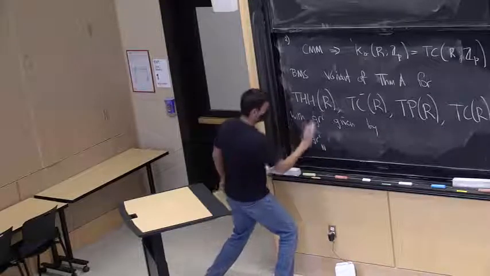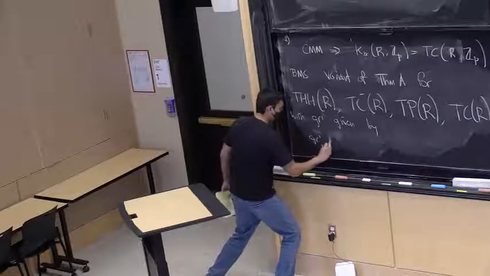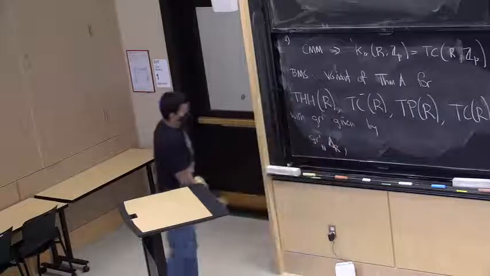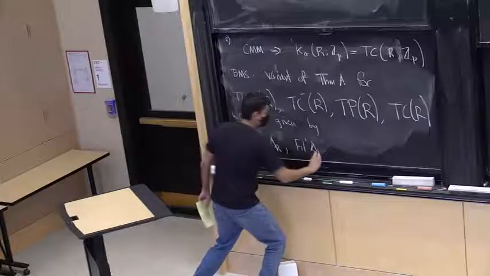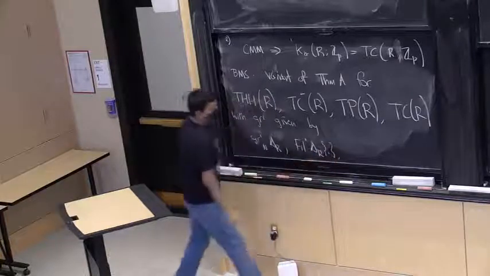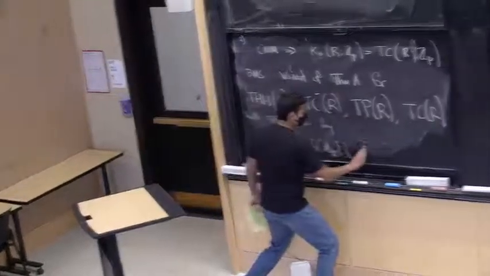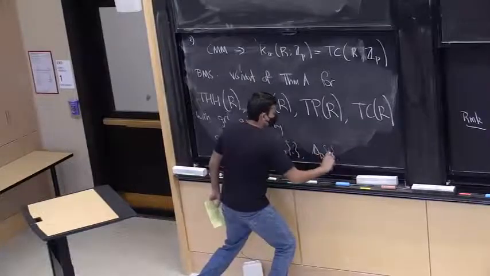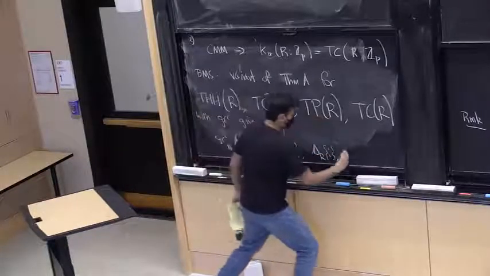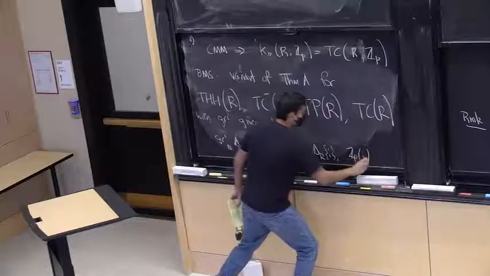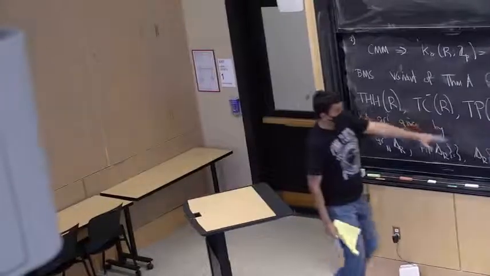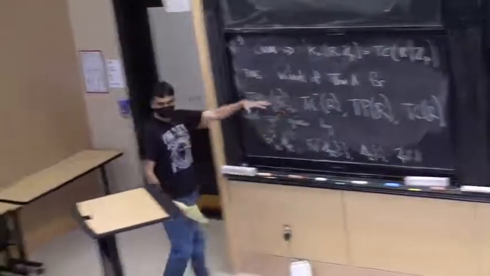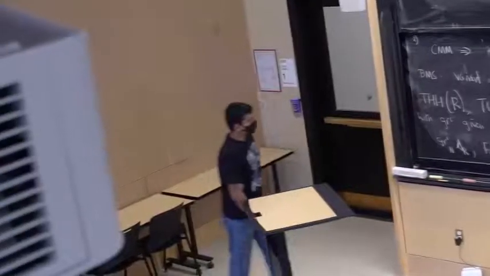I'll probably get my shifts wrong, so I apologize for that. For TC minus, you just get the layers of the filtration. For TP, you just get a two-periodic version of prismatic homology itself. And then for TC, you get syntomic homology. The way in which Z_p(i) was built up from prismatic homology mirrors the way in which TC is built up from the rest of the pieces over here.